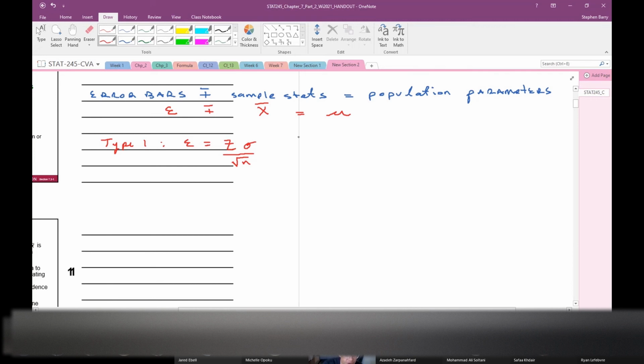And the conditions for using this, and this is what it shows on your formula sheet, is that you have to know the standard deviation of the population, and that's rare, right? You have to have a very large sample to do that. In this course, according to the central limit theorem, another condition where you can use this, and we used that last time, is if your sample size is greater than or equal to 30.